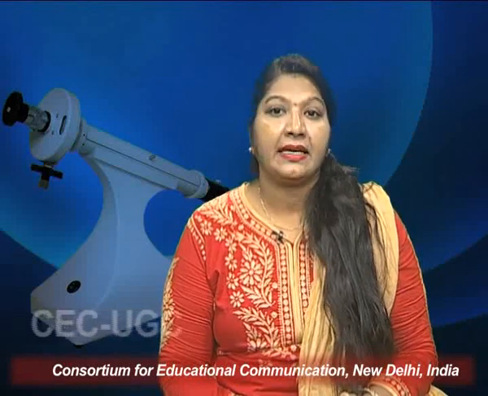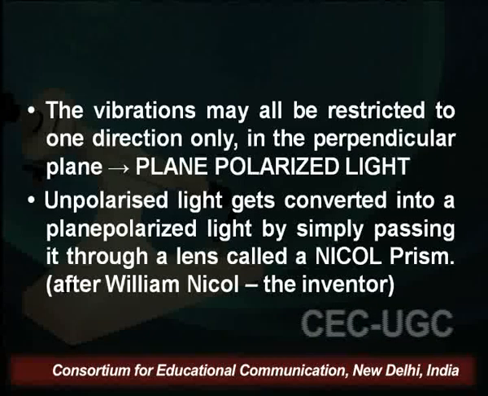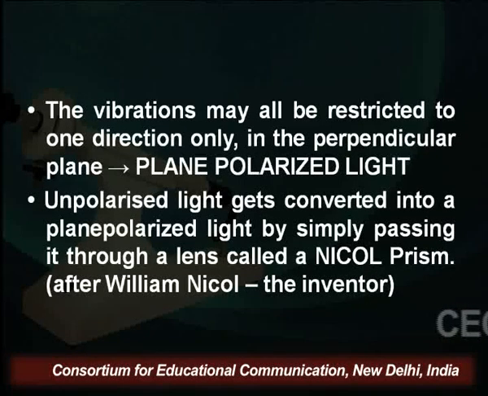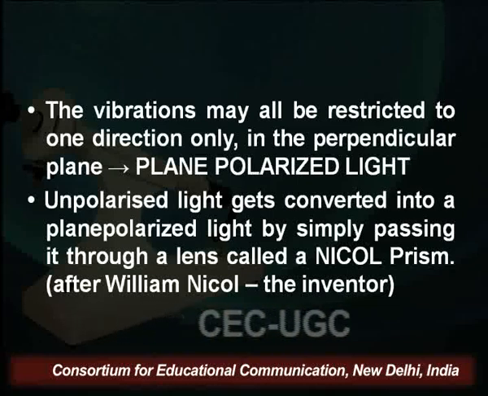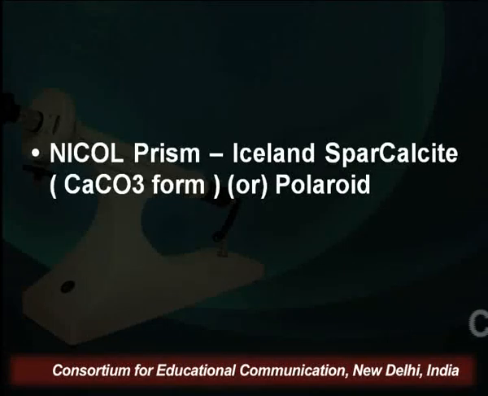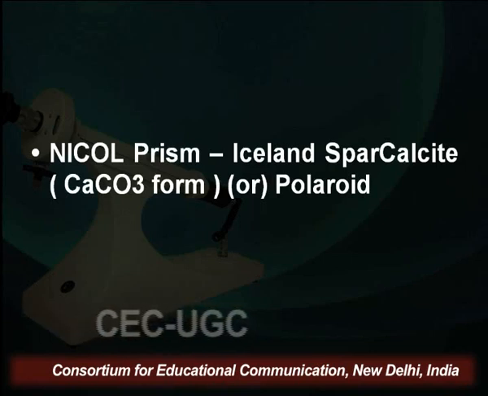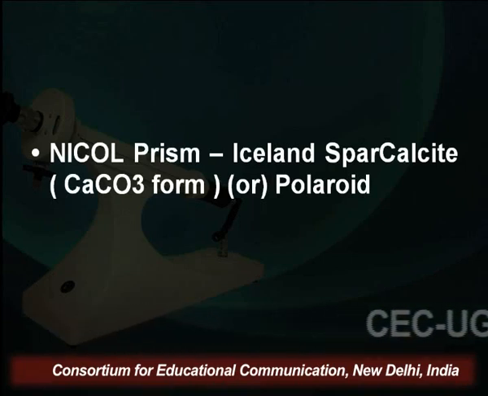Unpolarized light gets converted into plane polarized light by passing through the Nicol prism. The Nicol prisms are made of Iceland spar calcite, and Polaroids can also be used to polarize the light from the source.